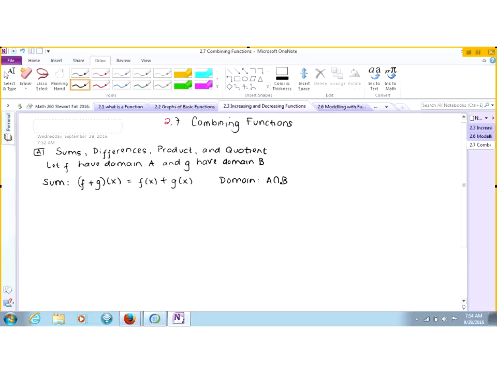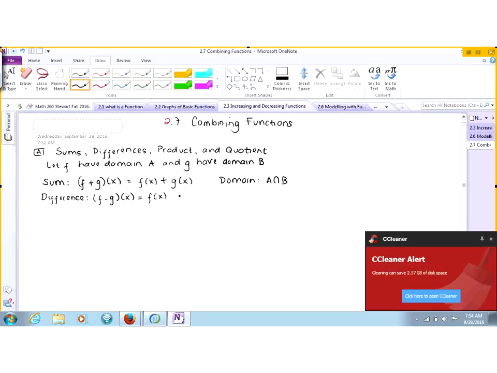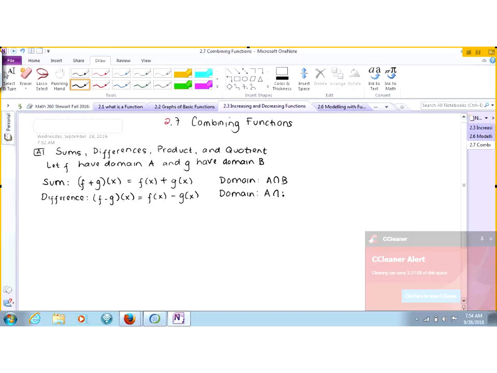Okay. Now, difference. What do you think I will write for difference? Yeah, that's right. So F minus G of X is F of X minus G of X, and the domain is still A intersection B. And the product, well, you know what product is, right?